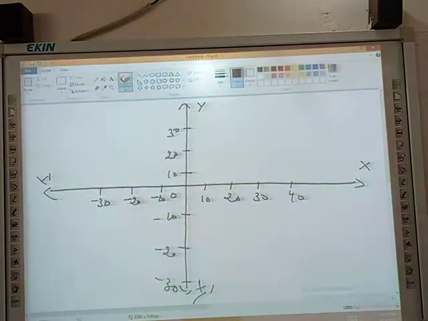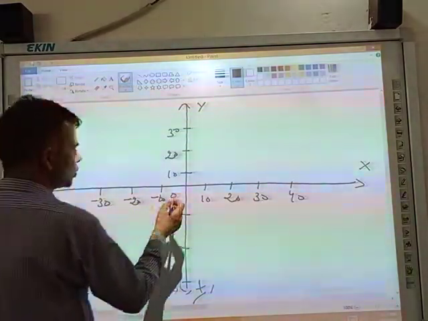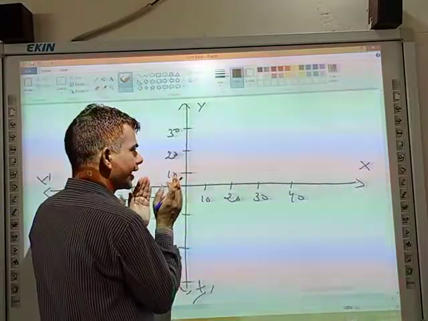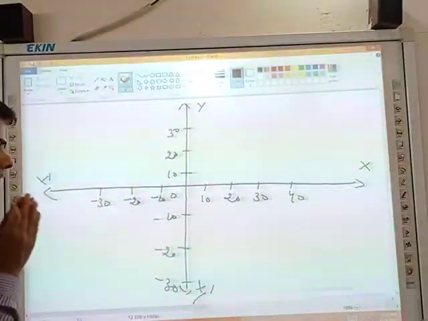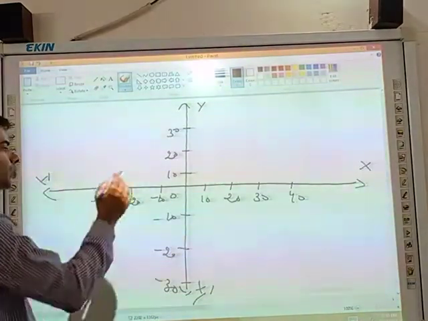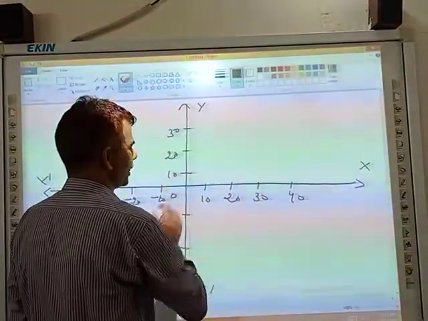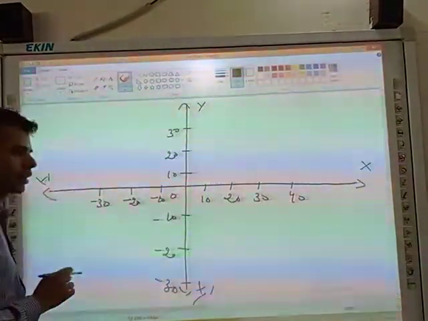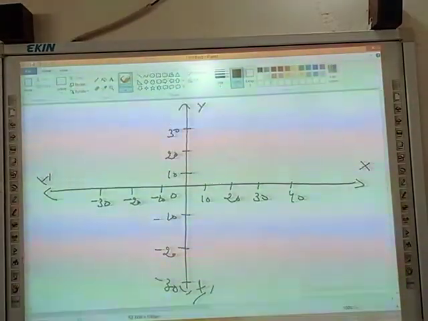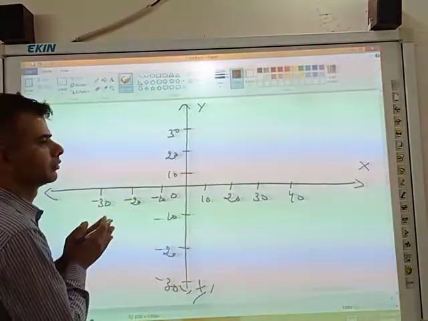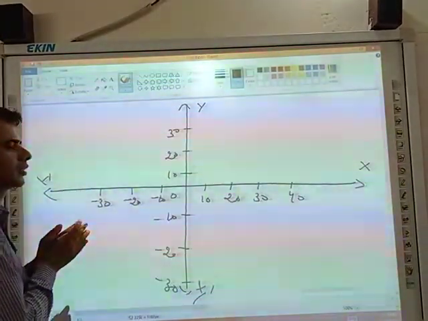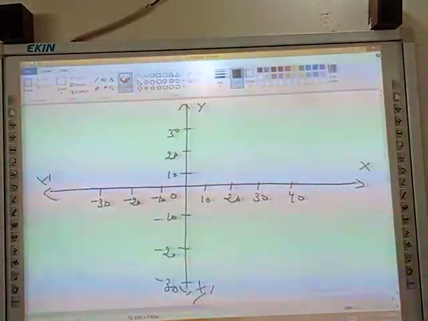Students, from 0 to 10, there are 10 small lines in the graph. Yes, sir.